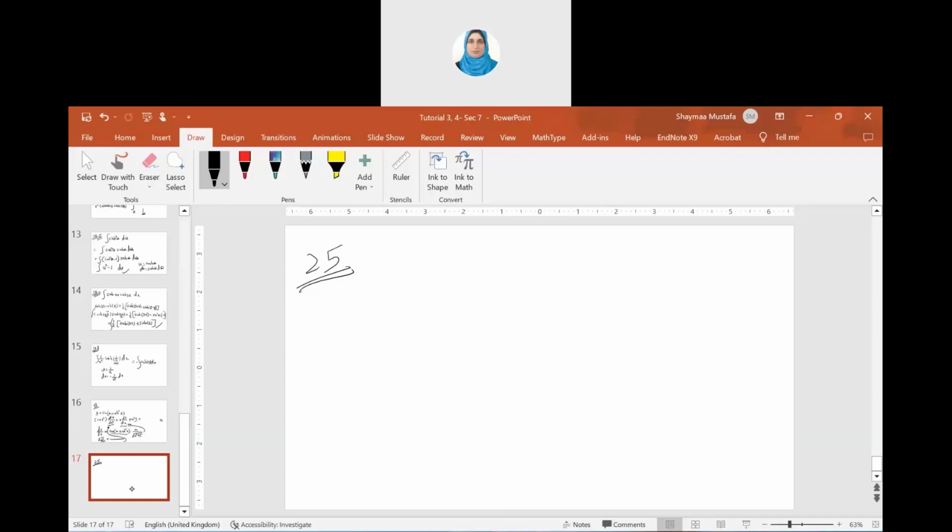Okay, for 25, differentiate tan inverse plus tan inverse with respect to x and simplify your answer. Here do normal differentiation. No need to simplify. It's okay for me. Just differentiate this one.